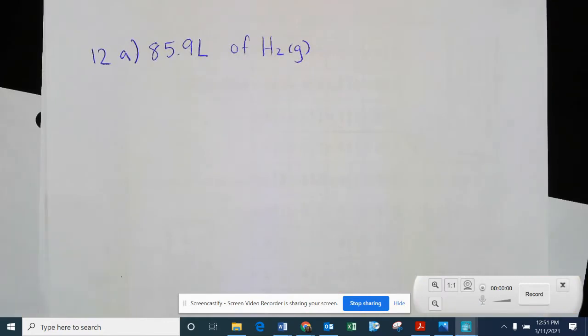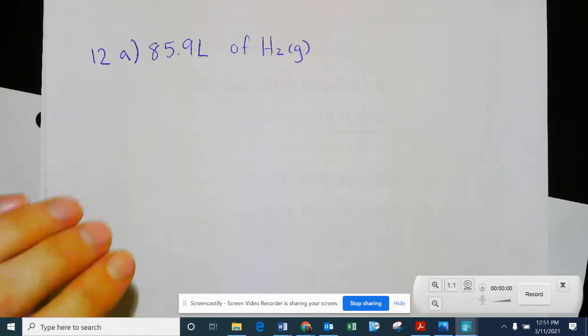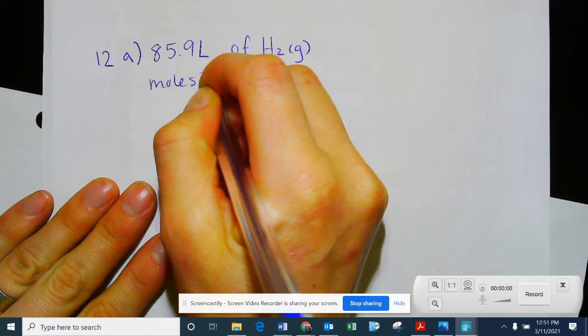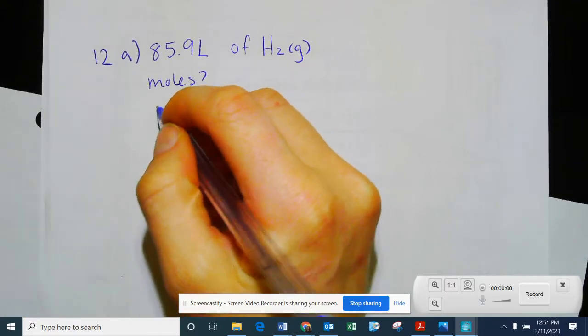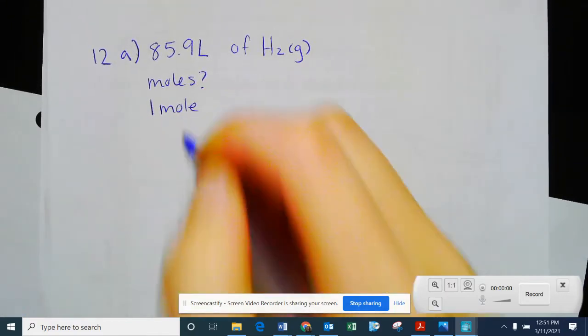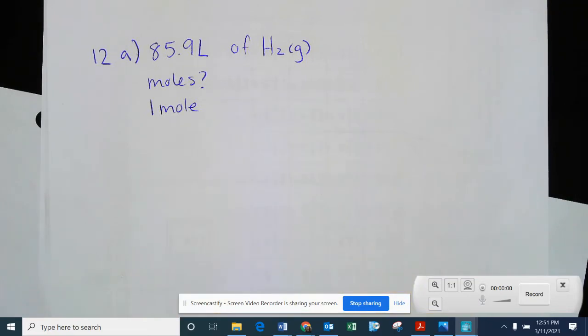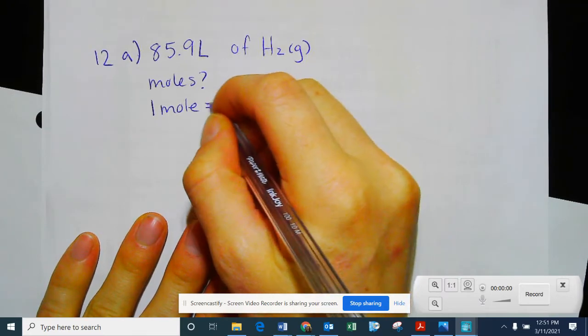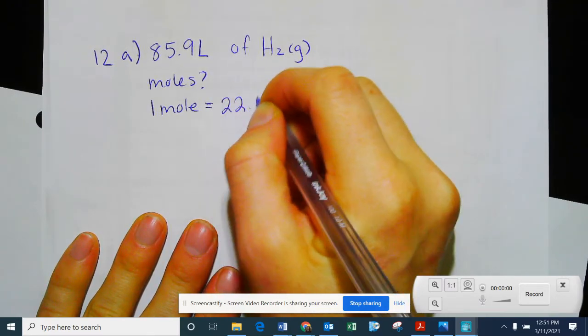All right. Now, what we're looking for is how many moles of this is that? And another thing that we know is 1 mole, and we're assuming in these questions, unless it's otherwise specified, that everything is at standard temperature and pressure. 1 mole equals 22.4 liters.